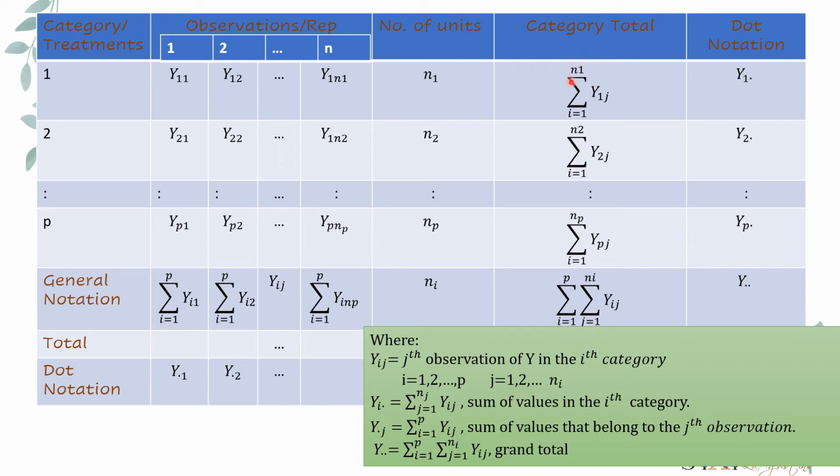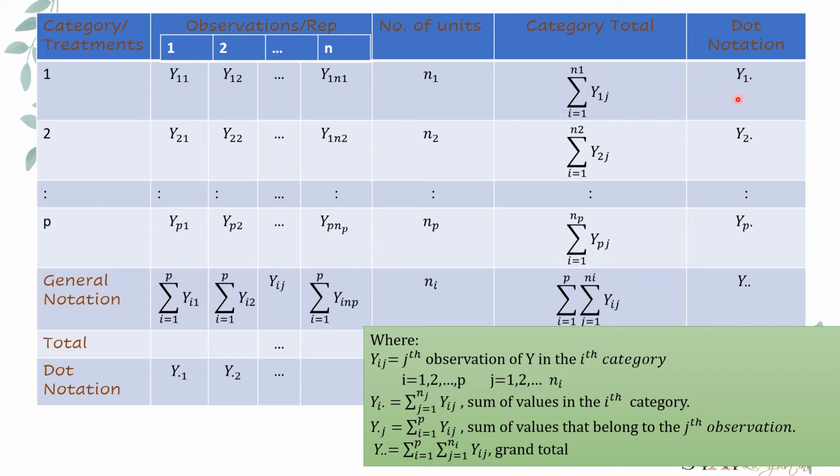As you can observe, the 1 on the first digit is fixed, constant. The one that varies is the observation number. So this is the category total of category 1.